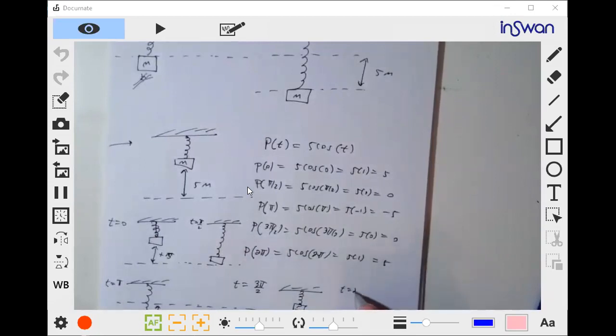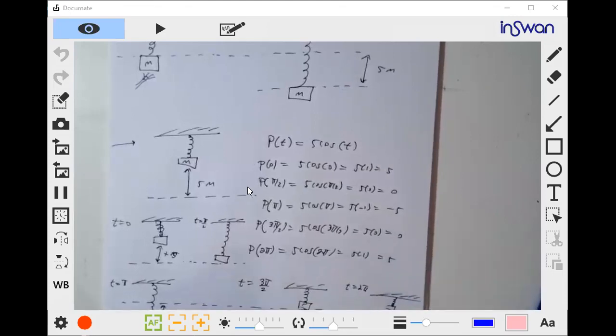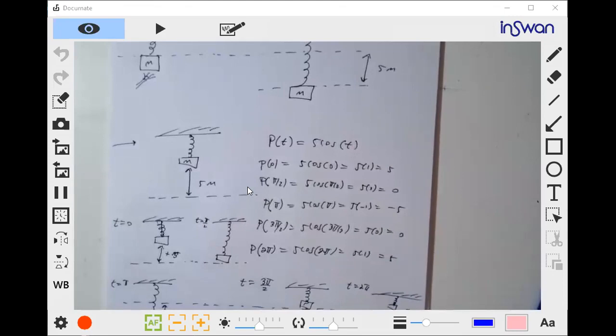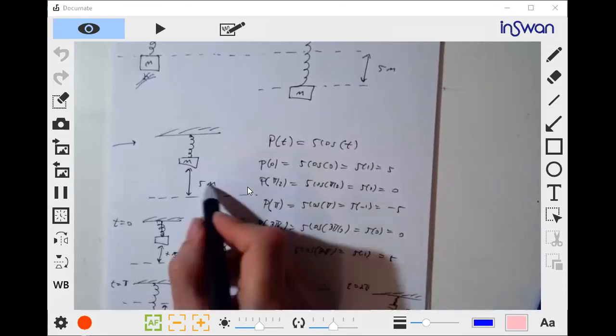Then at t equals 2 pi, for example, now it's above the original spot by 5 meters. Notice this would be negative 5 meters because it's below the original spot. This is positive 5 meters because it's above the original spot.